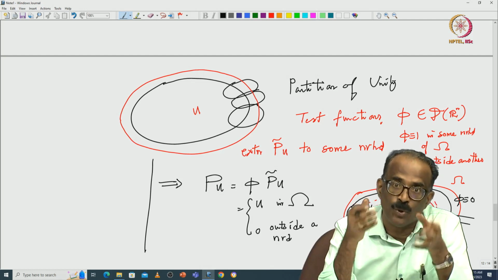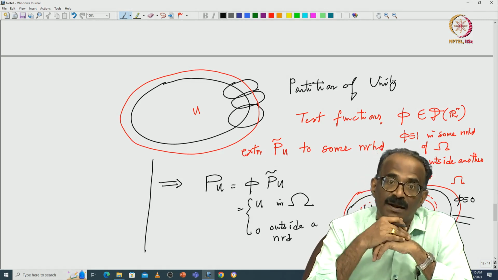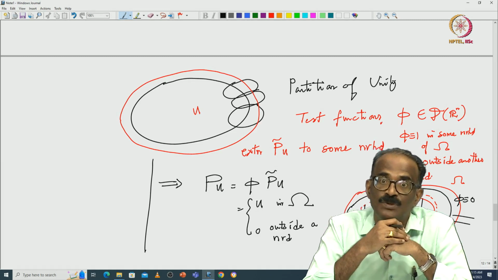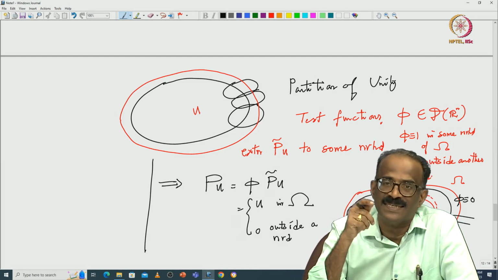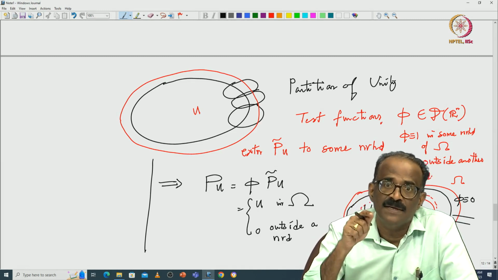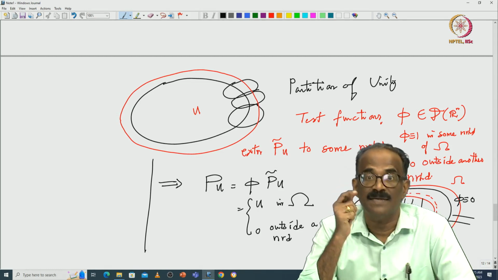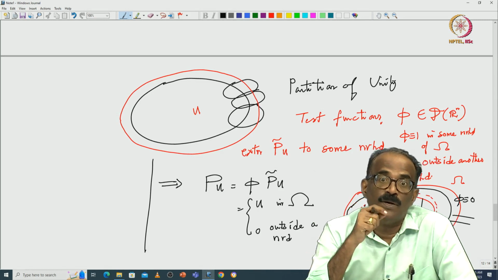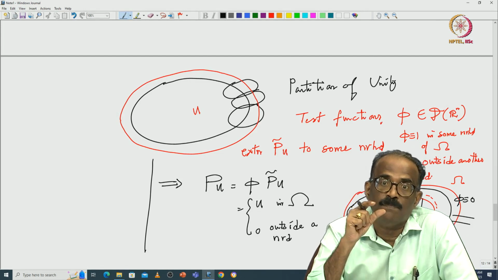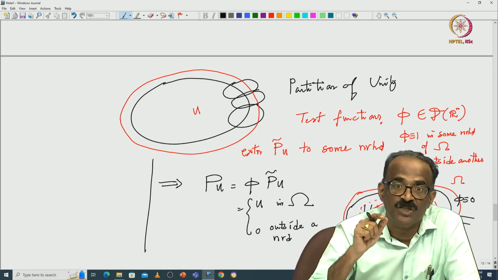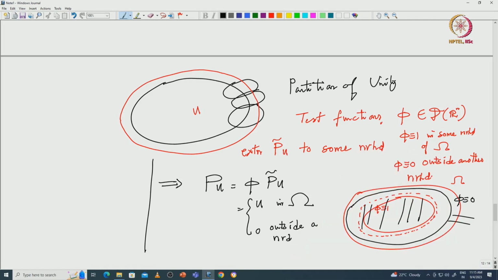You can actually show that if u is in W1P of omega and omega is of class C1, the extended function Pu is also in W1P. The extension will not pick up any singularities like a Dirac delta. When you compute its distributional derivative, it should not pick up anything which is not a function.